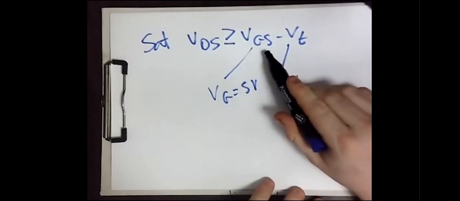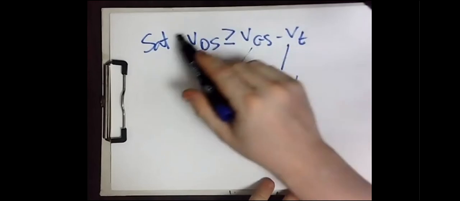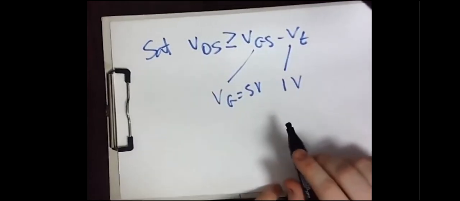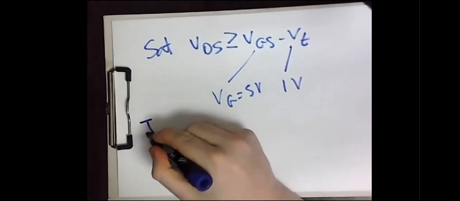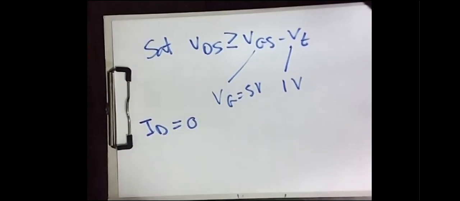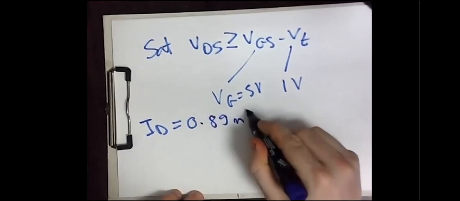Now we should calculate the source voltage and the drain voltage, and satisfy this equation. For example, let's start with the case with ID equal to 0.89 milliampere, which is the first solution.